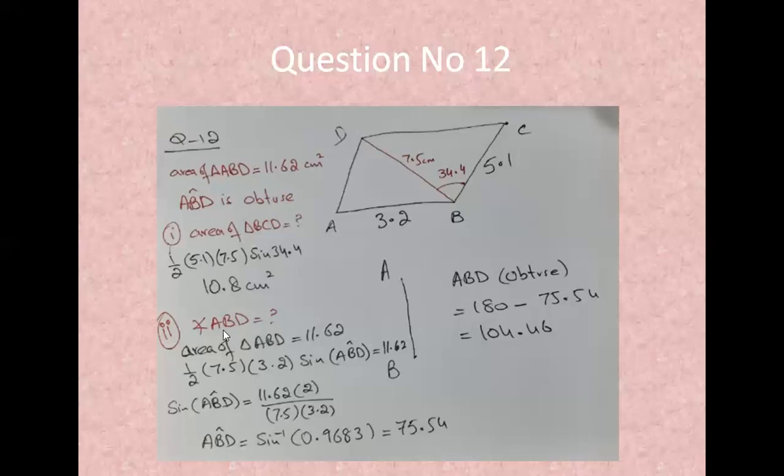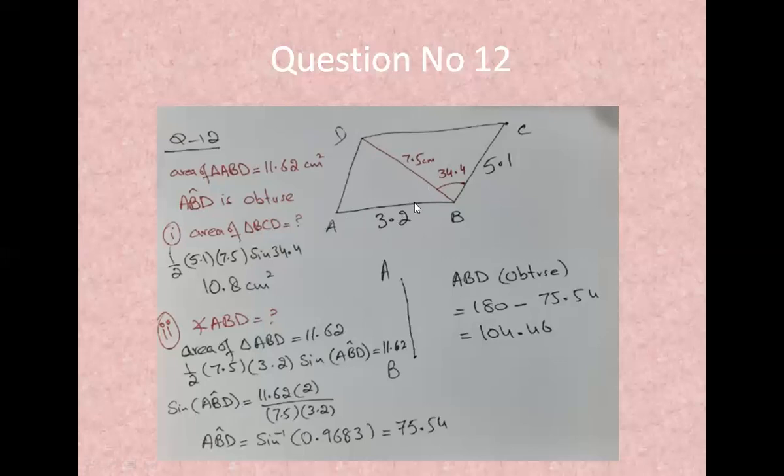So then the next thing they want you to find out is the angle ABD. They want you to find this angle ABD. So I know the area of the triangle ABD is already known, that is 11.62. I know the two sides, 7.5 and 3.2.